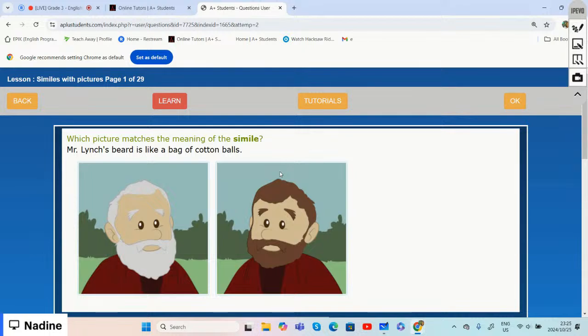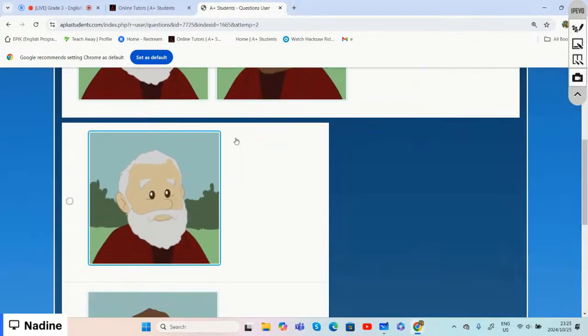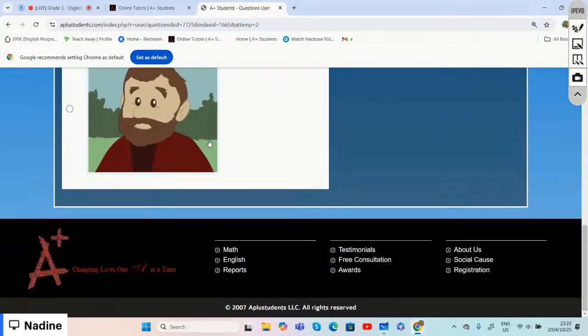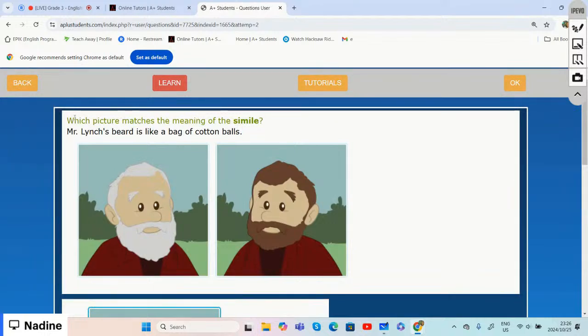All right. It says Mr. Lynch's beard is like a bag of cotton balls. Which picture matches the meaning of the simile? The first picture with the white hair or the second picture with the brown hair?